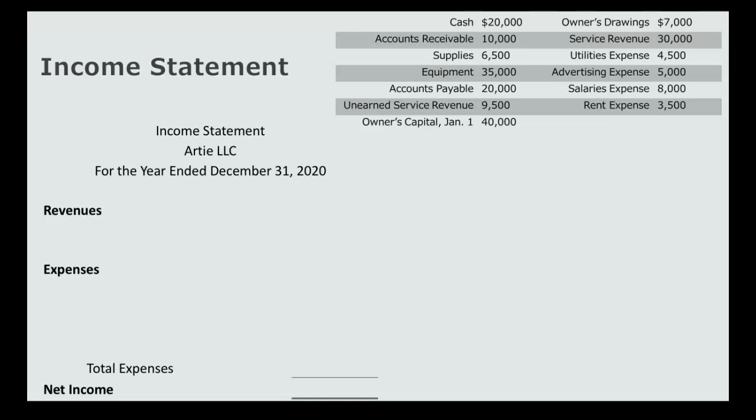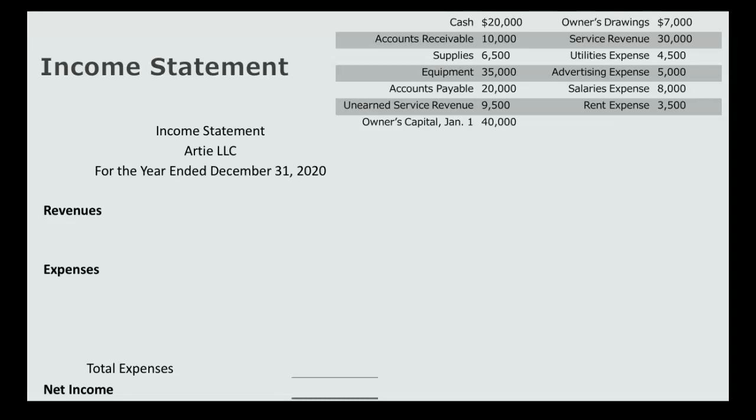It could say for the quarter ended December 31st, 2020. That's when we're dealing with the 4th quarter of the year. But what's important to remember is that an income statement is for a period of time. So you're going to see something like for the year ended, for the month ended, something along those lines.